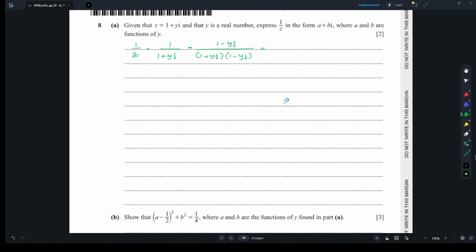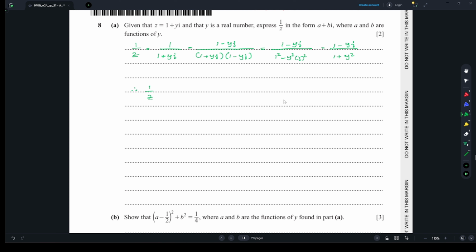Okay, so in the numerator we don't have anything to do, but in the denominator we can apply 1 minus and 1 plus yi. So 1 squared minus y squared i squared, right? So i squared is minus 1. So 1 minus yi divided by 1 plus y squared.